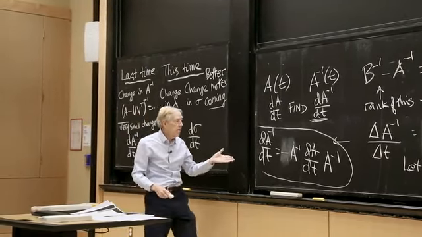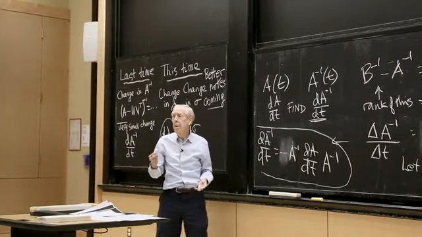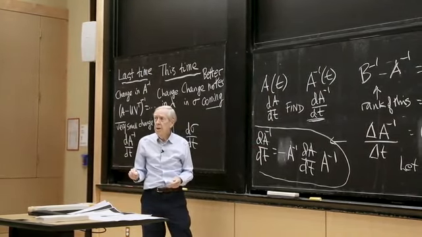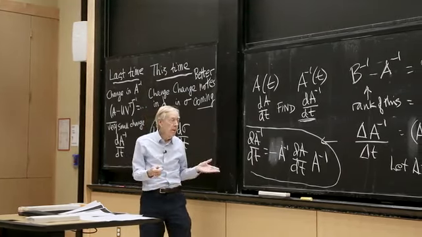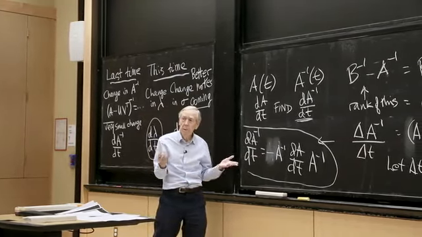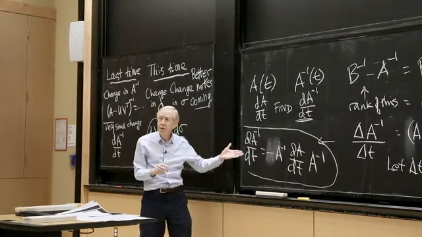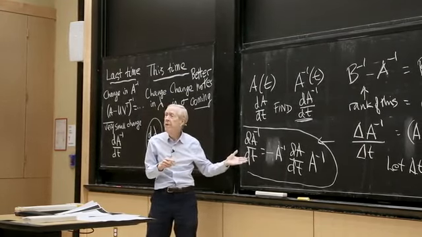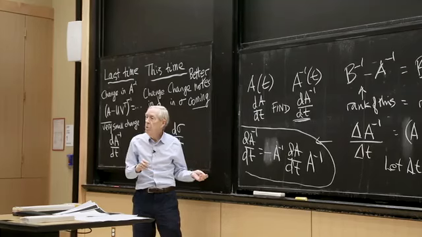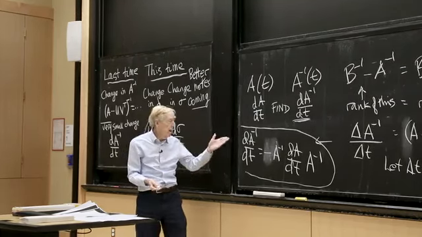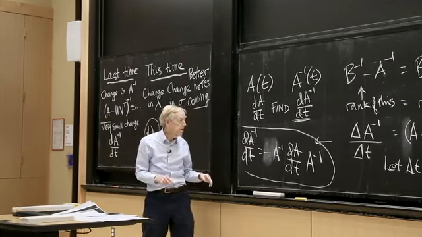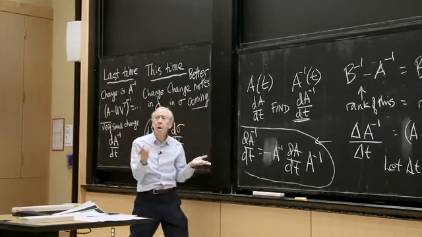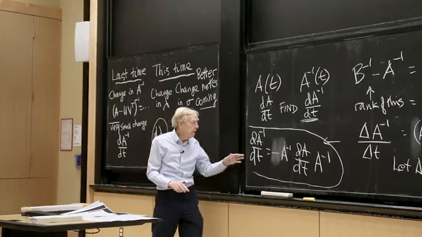You recognize that if A was a 1-by-1 matrix, we could call it X instead of A. If A is a 1-by-1 matrix X, then I'm seeing the formula for the derivative of 1 over X, right? A inverse, in just the 1-by-1 case, is just 1 over X. So the derivative of 1 over, or maybe T, I should be saying.